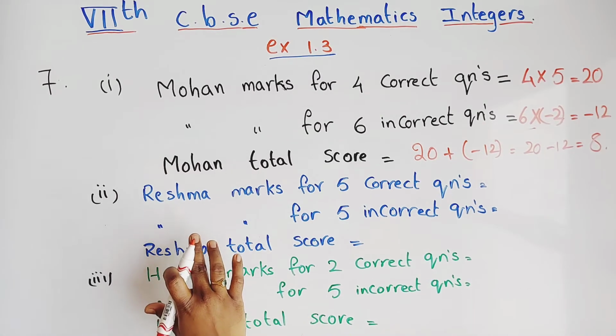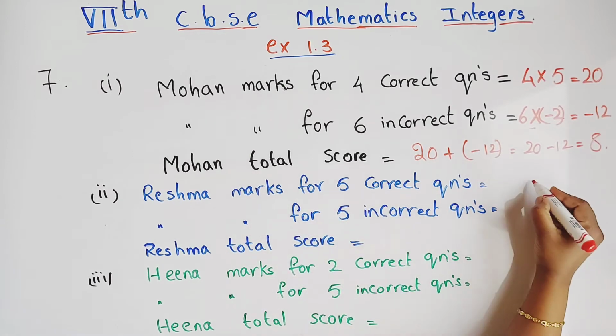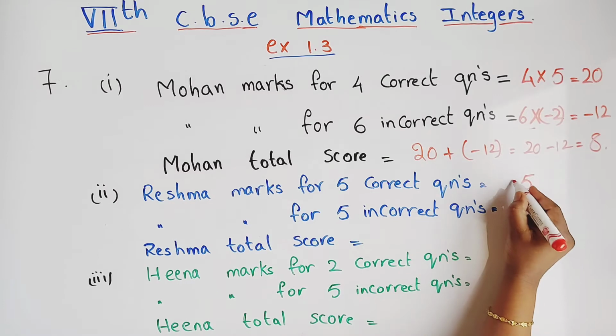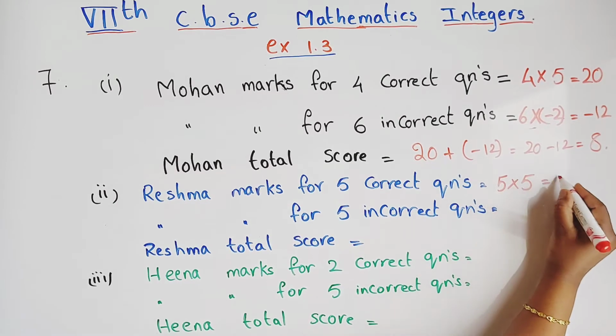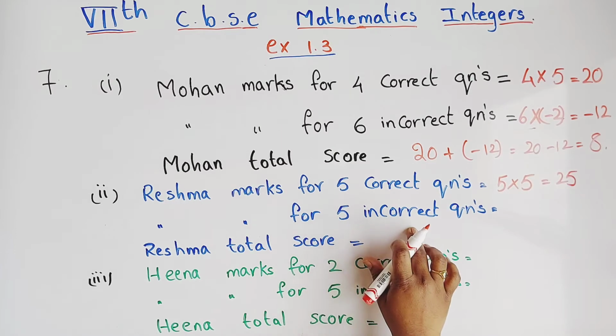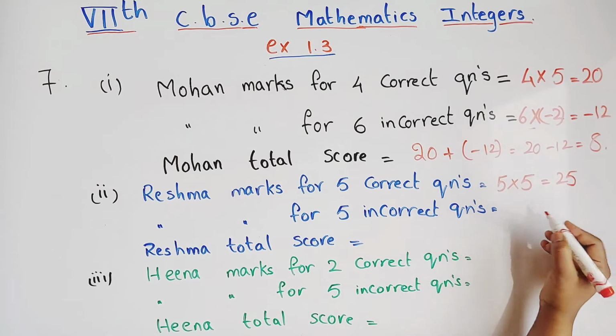Now Reshma, she attempted 5 correct questions. What is the mark for correct answer? 5. How many questions she attempted correctly? It is 5. So 5 5s are 25. And how many incorrect questions she attempted? 5 incorrect. What is the mark for incorrect?